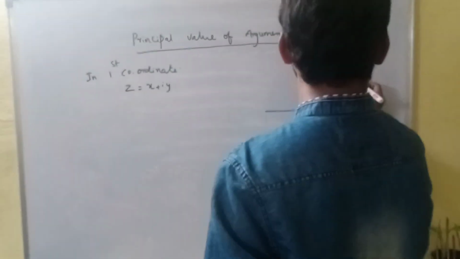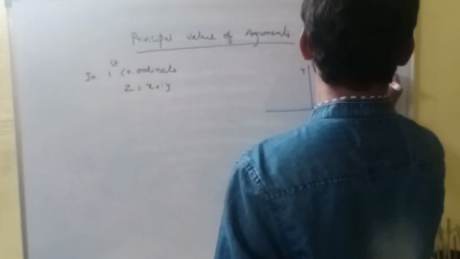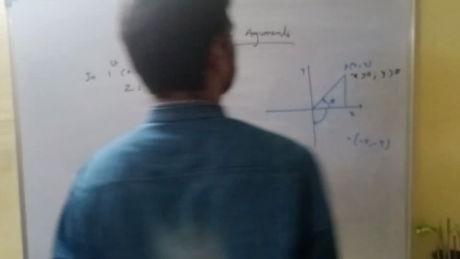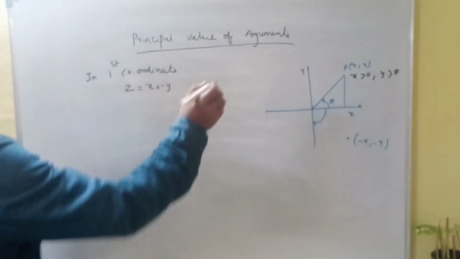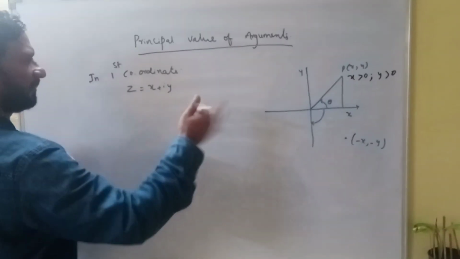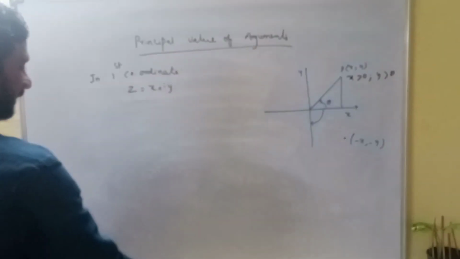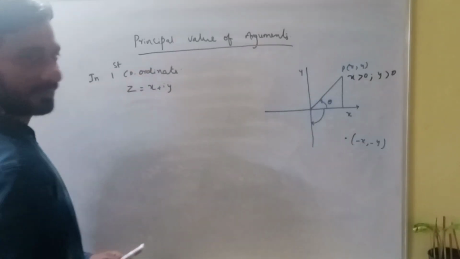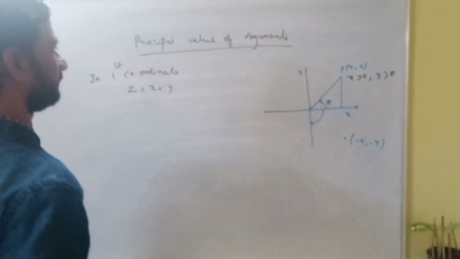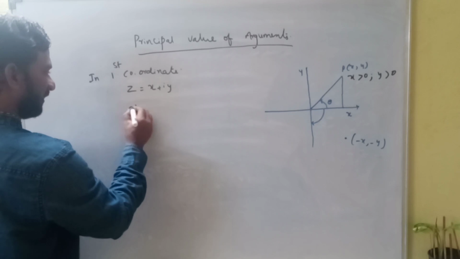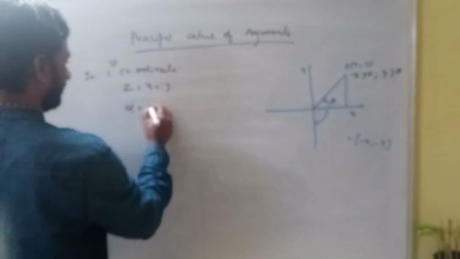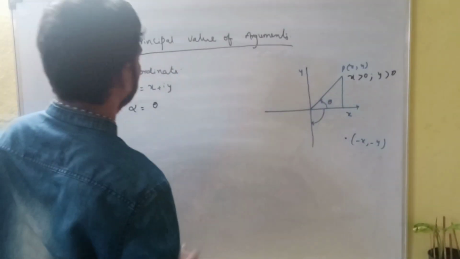In this first coordinate, x is greater than 0 and y is greater than 0. So here your principal argument will be the argument only. If you take this angle alpha, this will become theta.